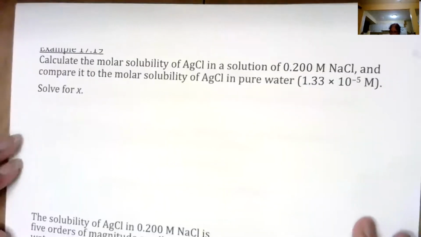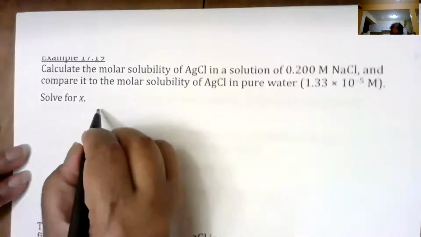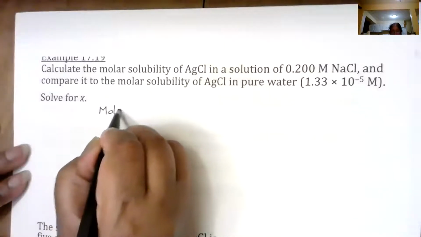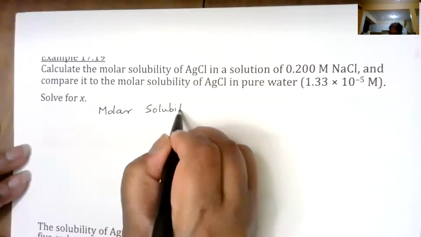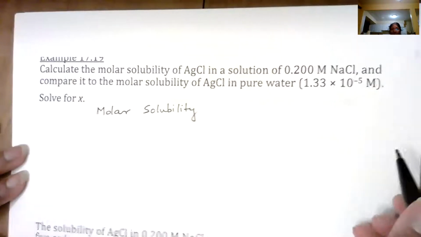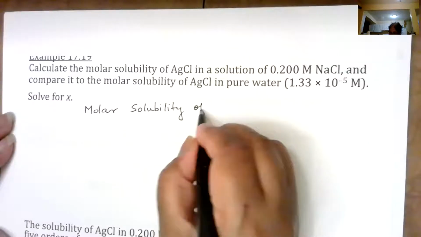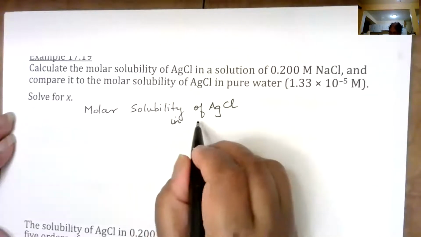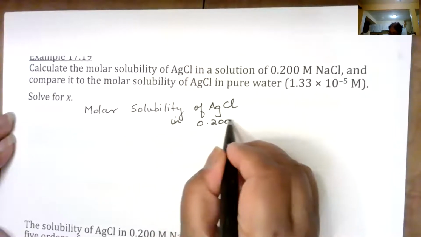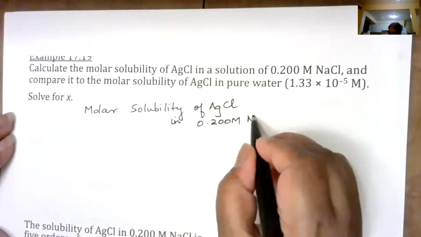So what is the molar solubility of AgCl in 0.200 molar sodium chloride?